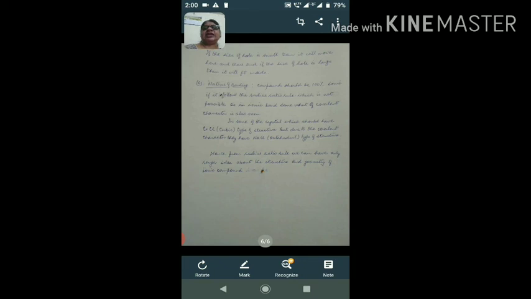Fourth one is nature of bonding. A compound should be 100% ionic if it follows the radius ratio rule, which is not possible.